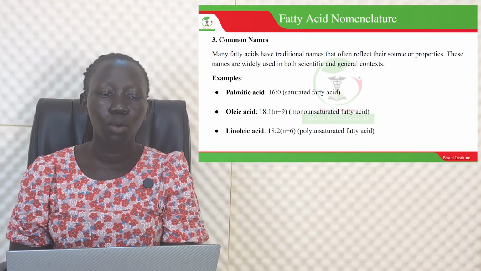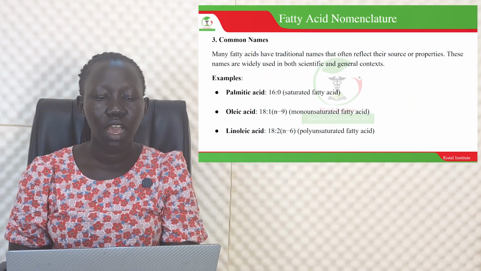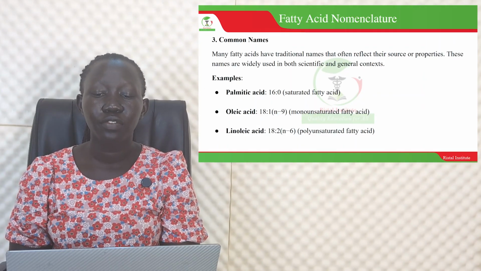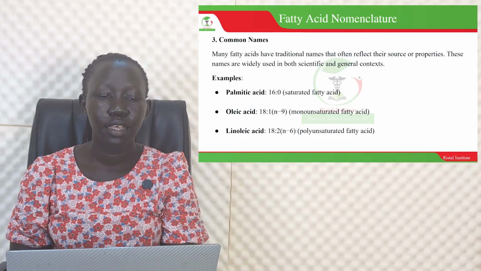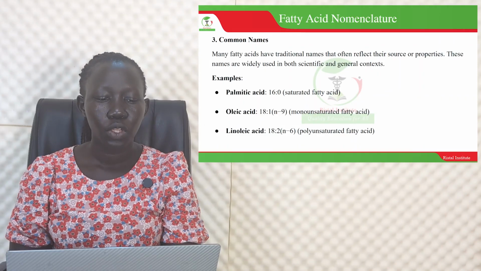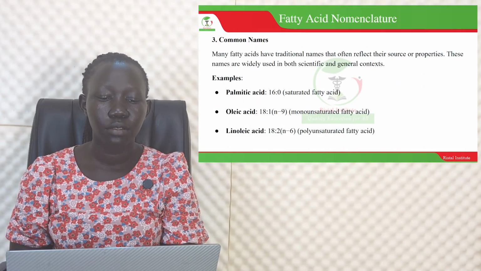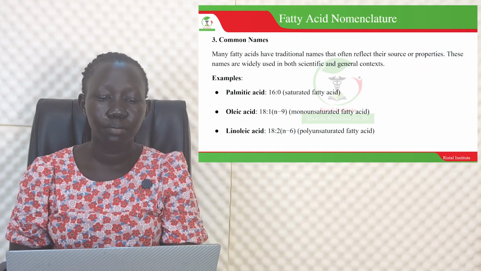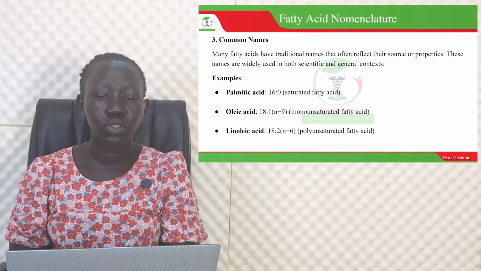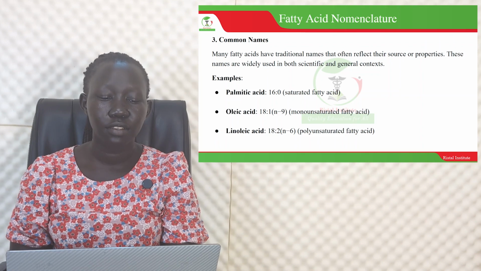The third one is the common names, whereby we just have a certain common name for the fatty acids. Many fatty acids have traditional names that often reflect their source or properties, and these names are widely used in both scientific and general contexts. For example, palmitic acid has 16 carbon atoms and 0 double bonds, and it is a saturated fatty acid.